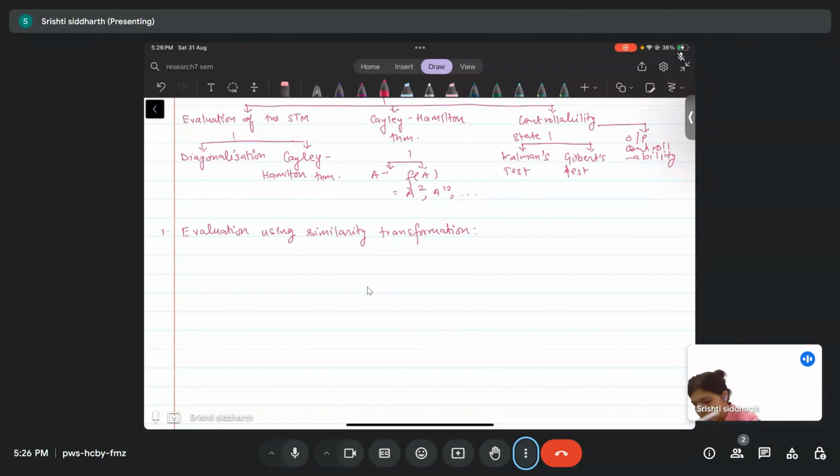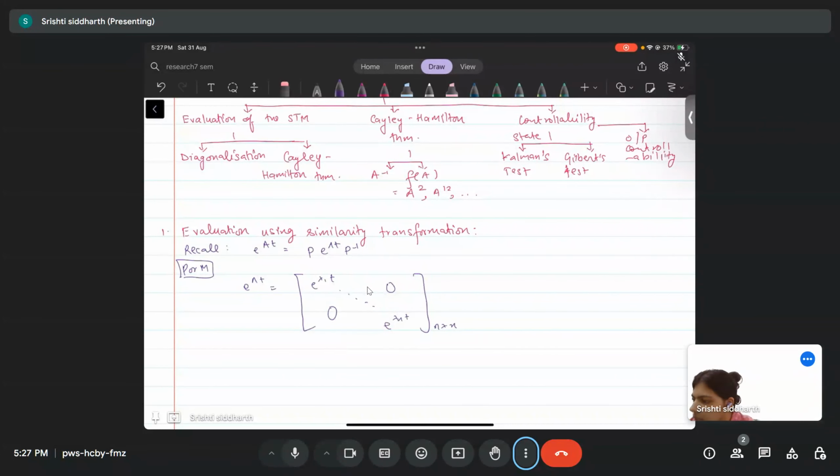Recall that to find the state transition matrix or e to the power At, we have to find the modal matrix P or M, and then consider P e to the power lambda t, P inverse. So e to the power lambda t for distinct eigenvalues is simply e to the power lambda 1t till e to the power lambda nt for a system with n states.